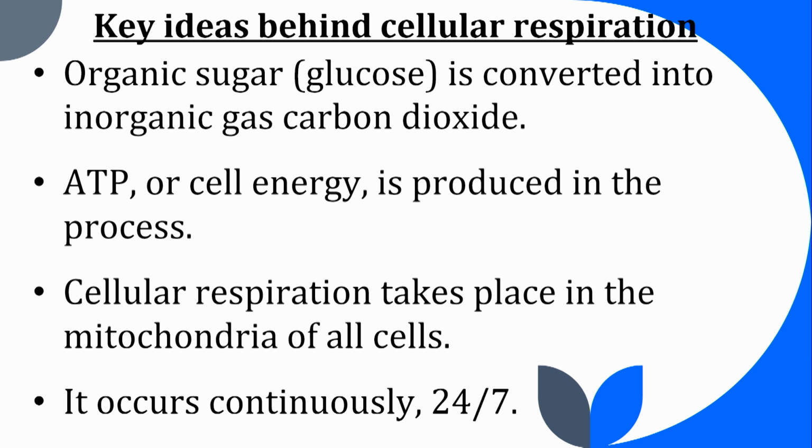You're going to exhale carbon dioxide, which is a byproduct of cellular respiration. What we're really trying to make here is ATP. ATP is what we want, because that is the energy that your cells use and is produced in this process of cellular respiration. Remember that cellular respiration mostly takes place in the mitochondria of cells. It does happen in the cytoplasm a little bit though, and we'll get into that in just a moment.